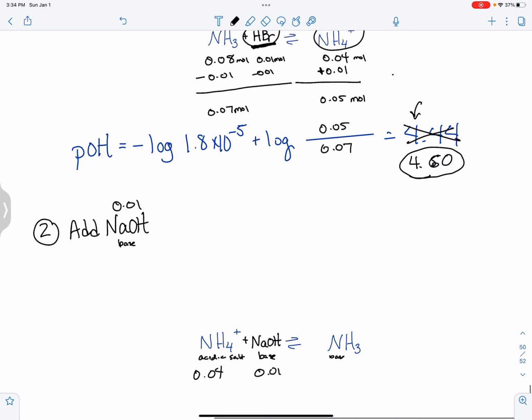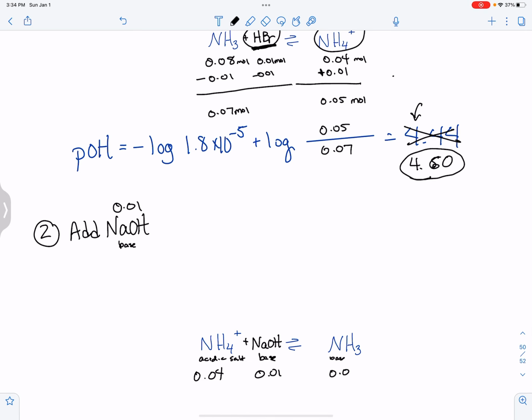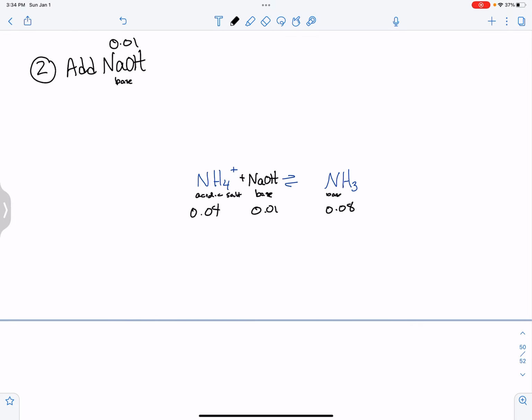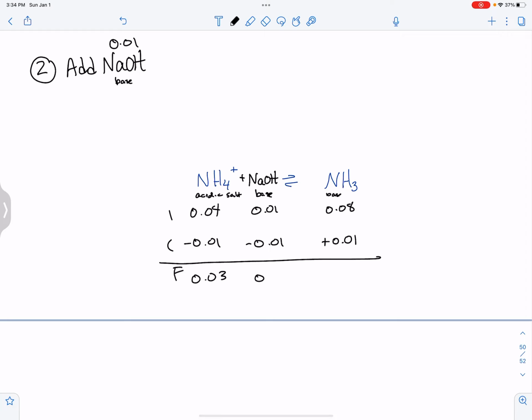And originally, the NH3, I had 0.08 on that one. So when I do my ICF chart, I'm losing 0.01, and I'm gaining 0.01. So that tells me 0.03, that one's 0, and that's 0.09.